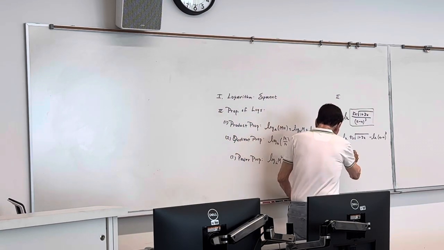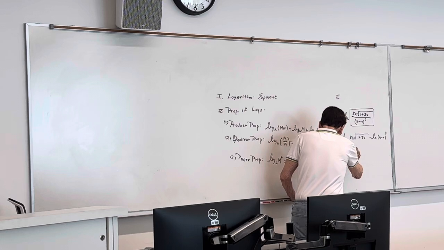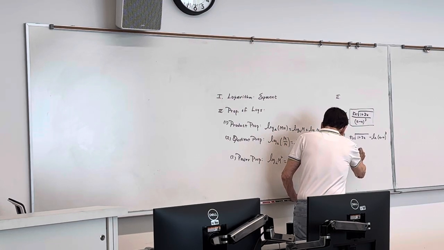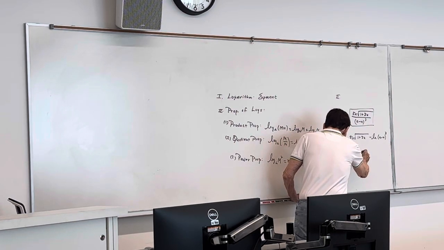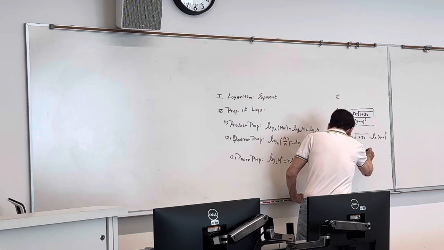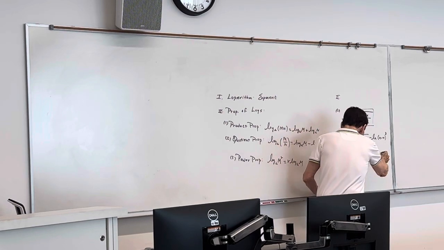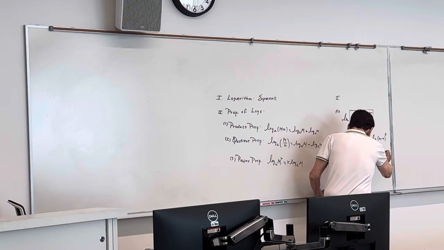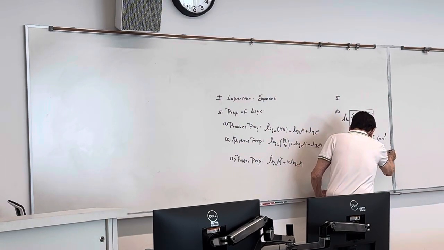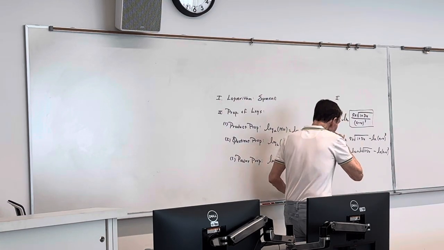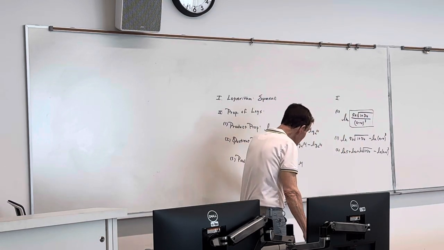So it's like this, ln of 5 plus ln x plus ln of that square root. And I'm going to leave my term down here just like it is for right now. So all I did was apply the product property on the first term.